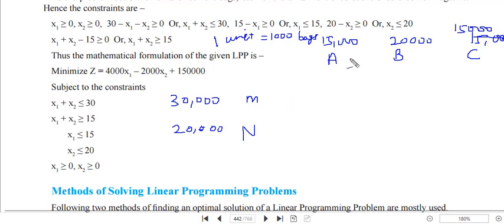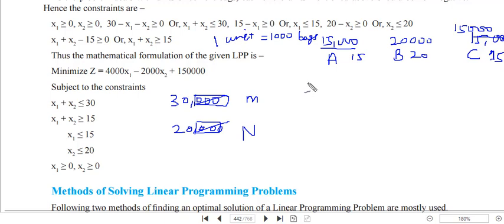So effective demand at this center is 15 only in terms of units, 20 only, and similarly 15 only at location C, and accordingly assume that 30 and 20 units are available at warehouses M and N, right?